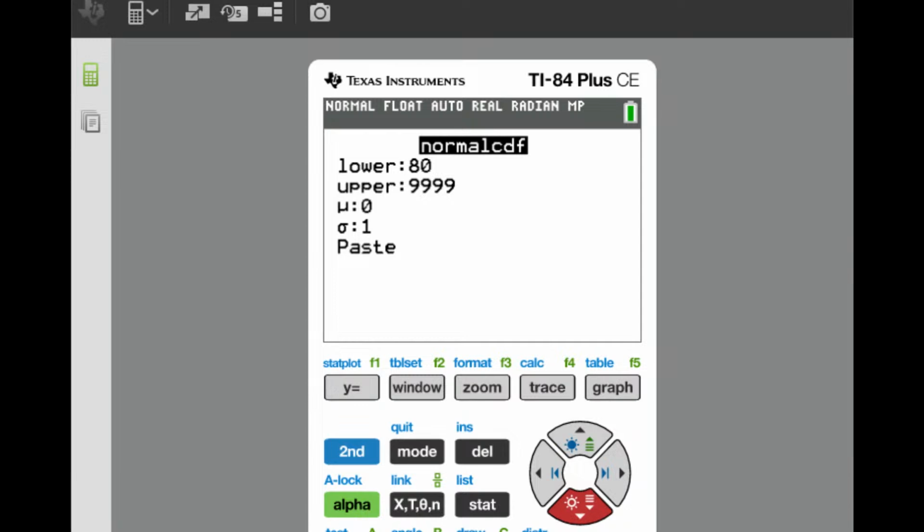Okay, and the mean again is 77.5. What was our standard deviation? 12.8. No, it was a mistake. This is the normal distribution. So it's normal CDF.